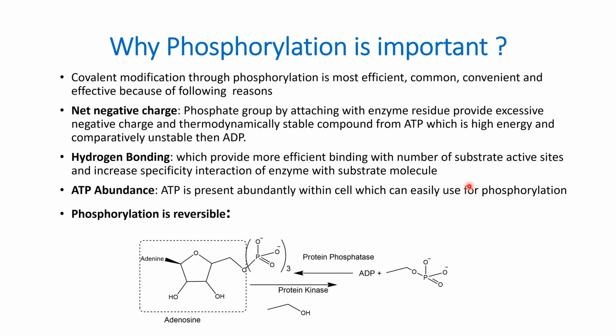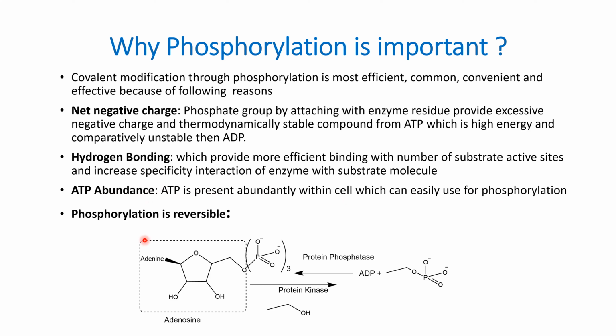So this is a mechanism which nature has developed: when phosphorylation happens in biological systems, it provides the interaction or the binding of the enzyme with the substrate. ATP abundance: ATP is present abundantly within the cell, which can easily be used for phosphorylation.